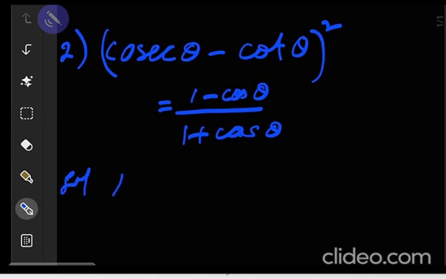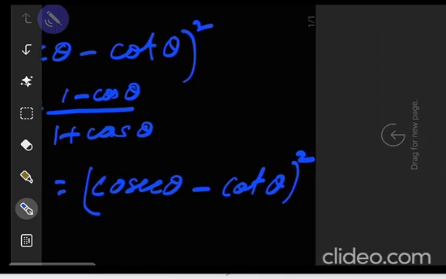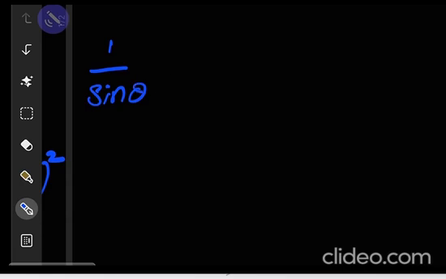Let's start with LHS, which is equal to (cosecant theta minus cot theta) whole square. Keep the whole square as it is. For cosecant, I'm writing it as 1 by sine theta, and for cot, I'm writing it as cos theta divided by sine theta.